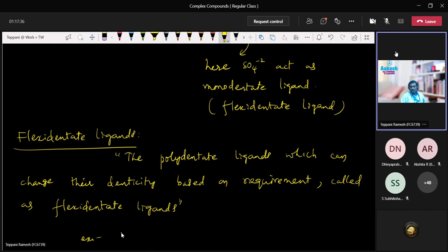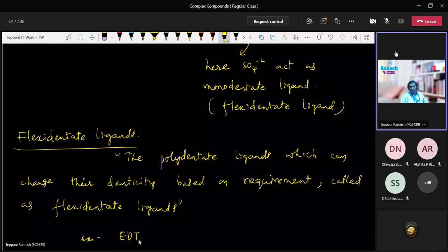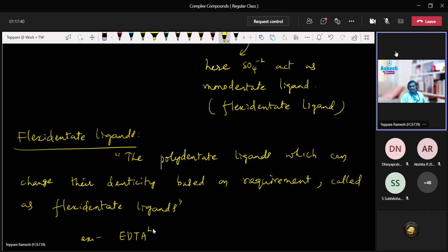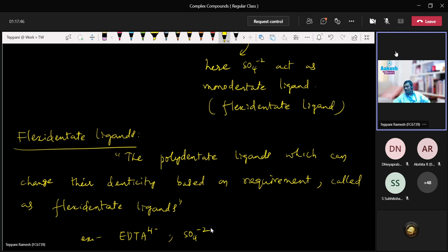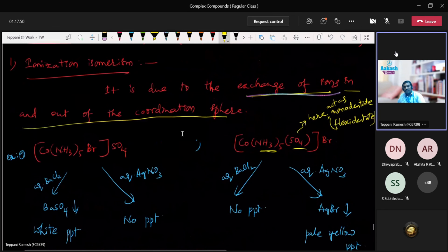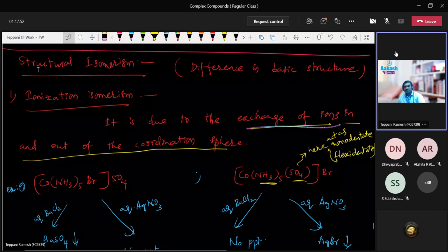Examples: the best example is EDTA 4 minus, hexadentate, but it can change its denticity a lot. Next example, the sulfate group, what you have seen now. Write this.